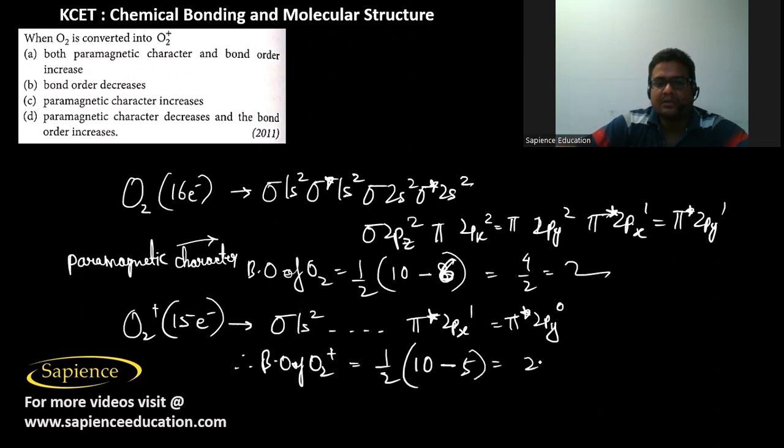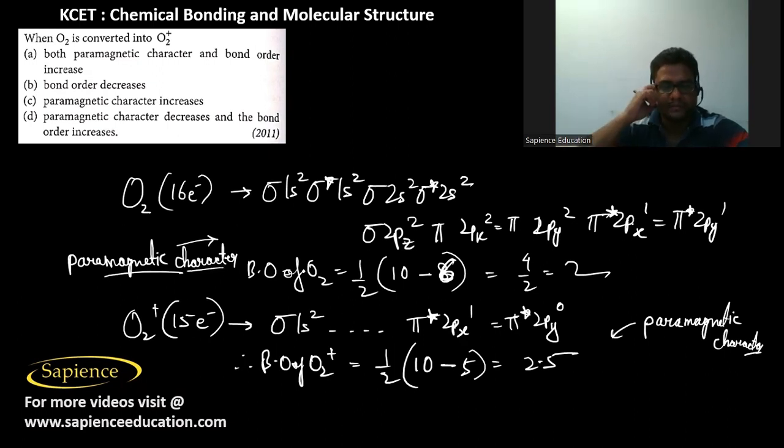So it will be 5 by 2, that is 2.5. And here also we have one half-filled molecular orbital, so it will also have paramagnetic character.